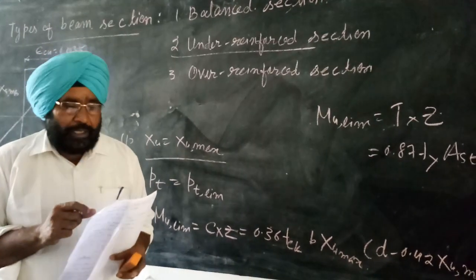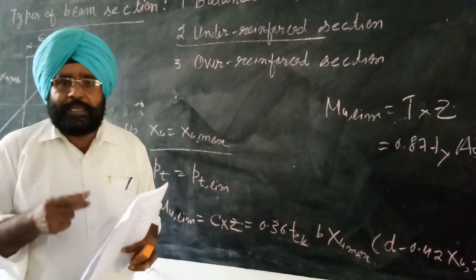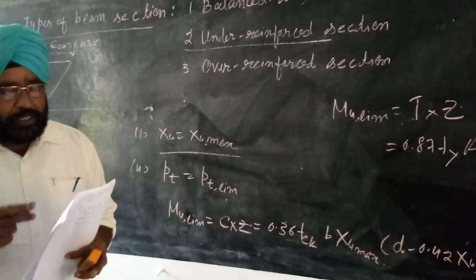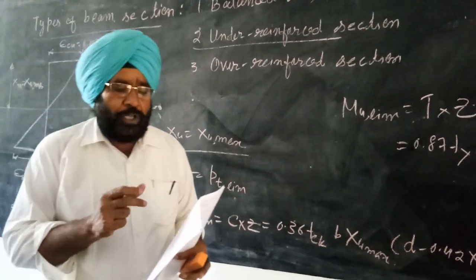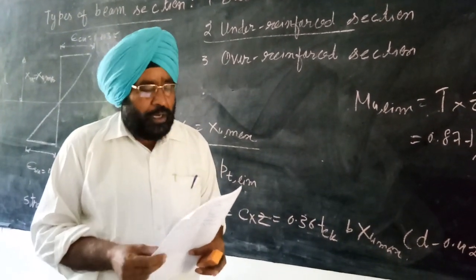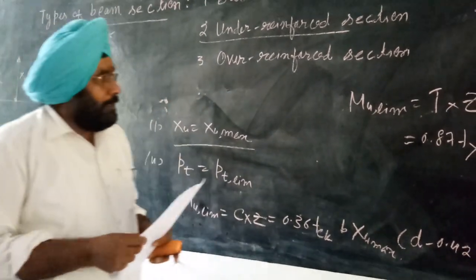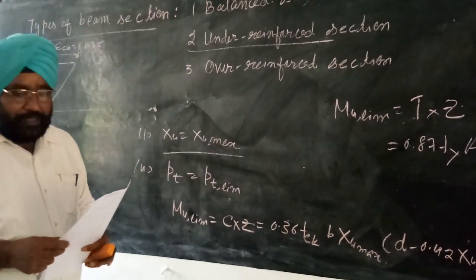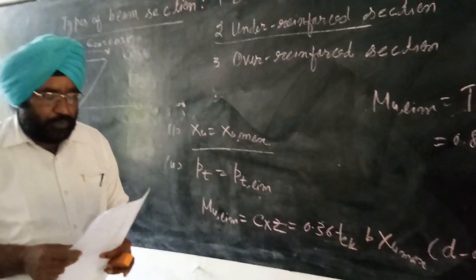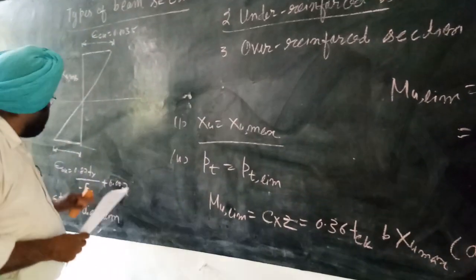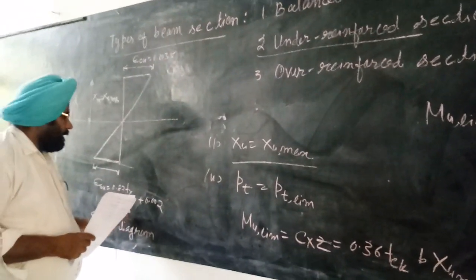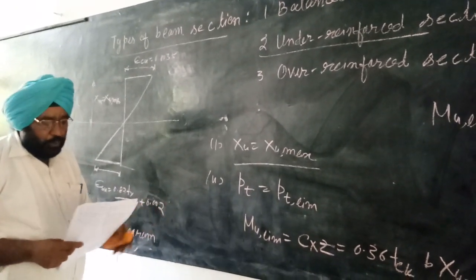So it is preferred that the beam be designed as an under reinforced section, because there are enough warning signals before ultimate failure. And the strain in steel at the time of limit state of collapse will be more than 0.87 Fy upon Es plus 0.002.